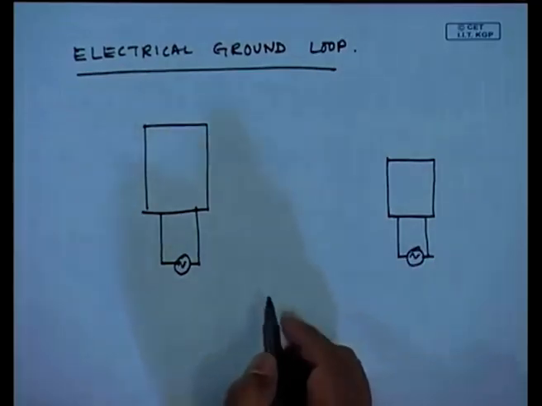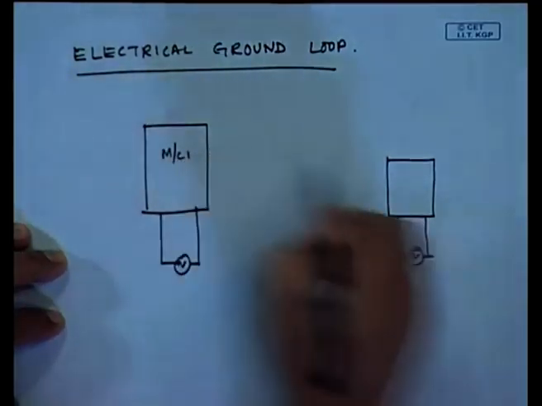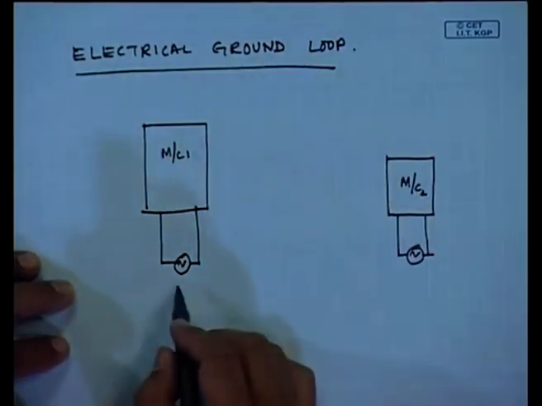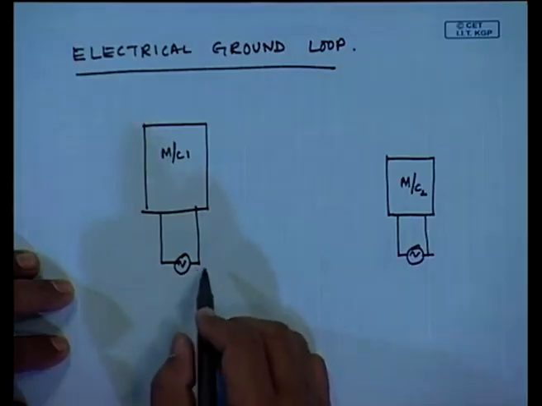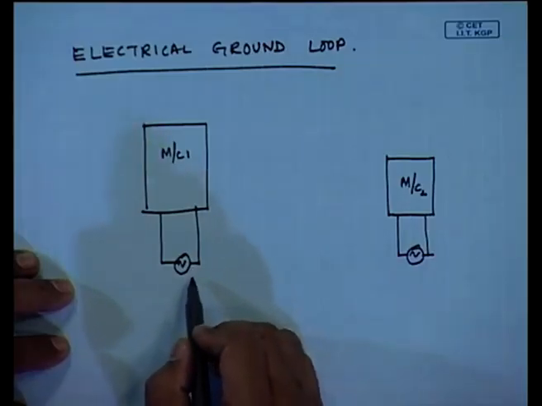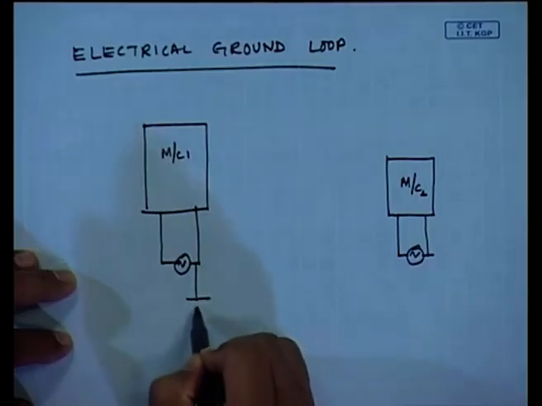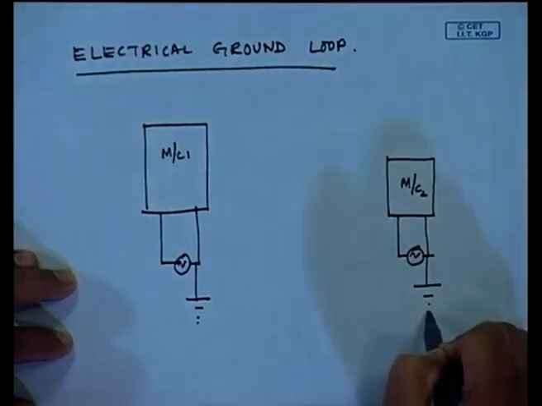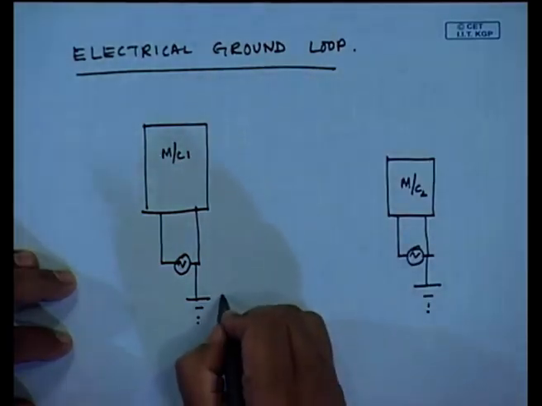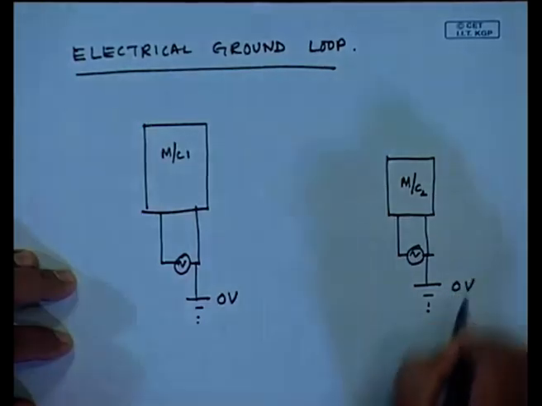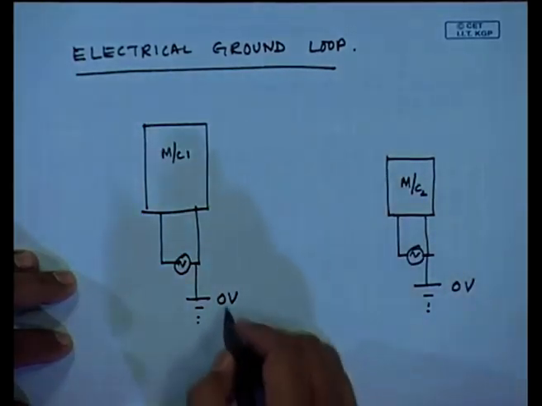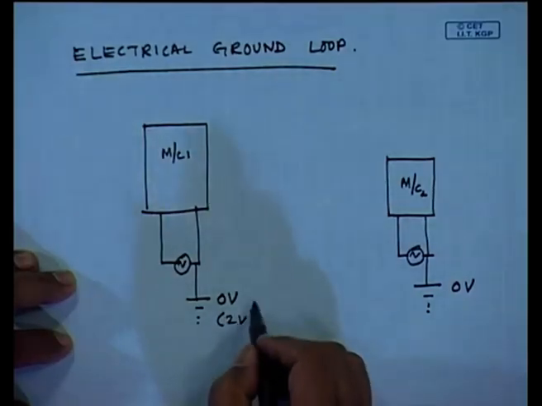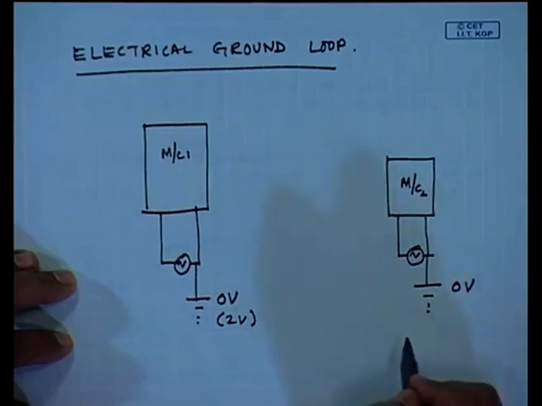Okay, they require an AC supply, machine 1, machine 2, right, and suppose physically this is the ground potential of this. Ideally, it should be 0 voltage, but you would have seen in many cases, suppose this is 2 volts, instead of a perfect ground, and that is at 0 volt.